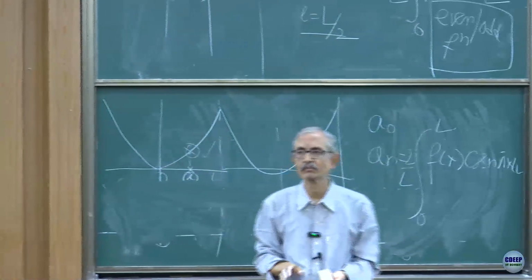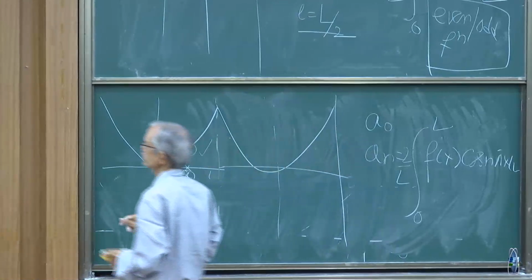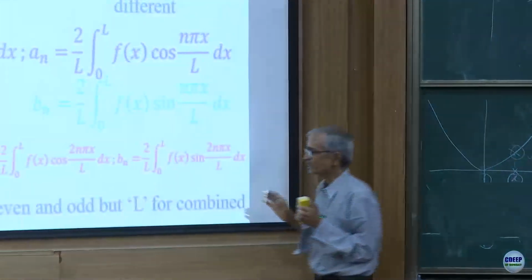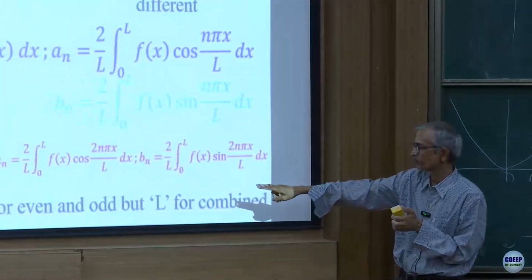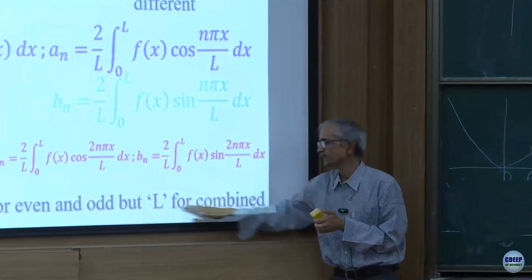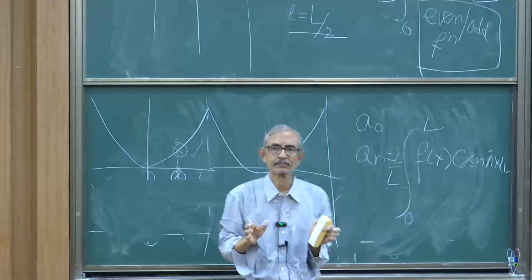You have to be very careful with that. That's all we want to point out here. So the period is different for the two. The period is 2L for the even and odd functions, but the period is capital L for the combined function. The periods are different.